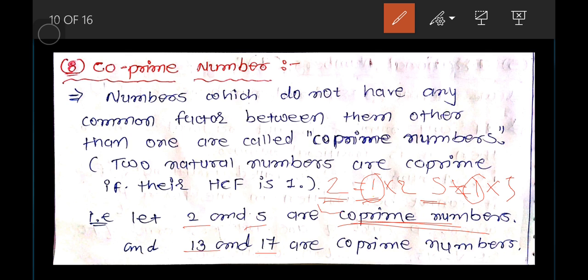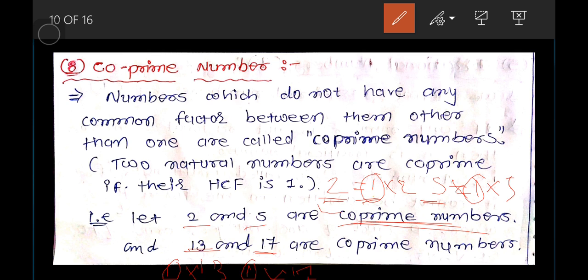About 13 and 17, you can also say that if you factor 13, that is 1 into 13, and if we factor 17, that is 1 into 17. Here you can see that 1 is the only common factor, and you cannot find a common factor other than 1. So you can say that 13 and 17 are coprime numbers. These types of numbers are known as coprime numbers.